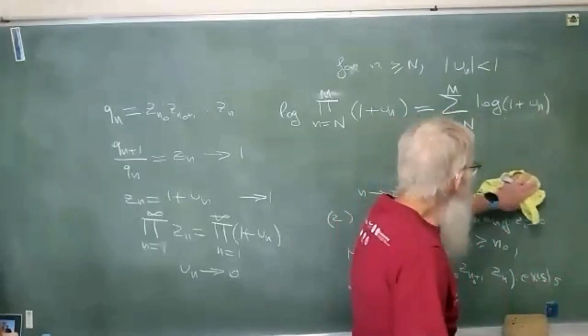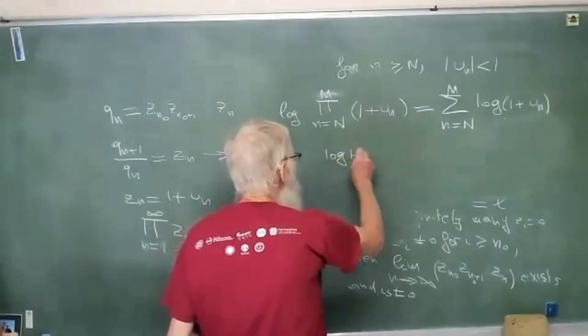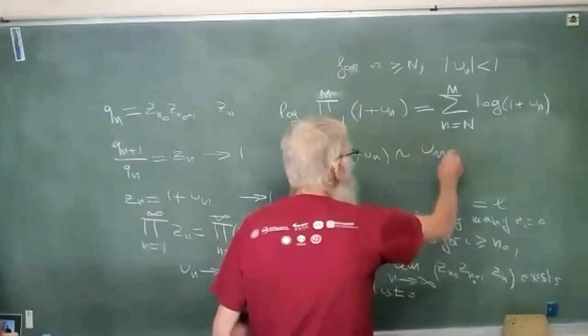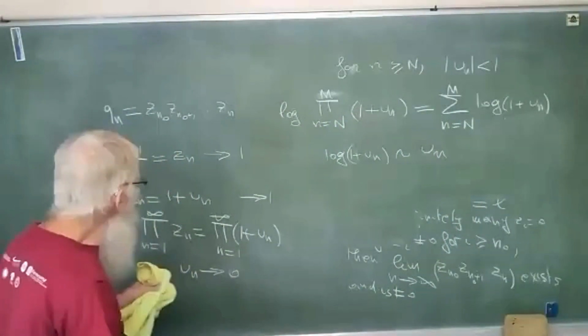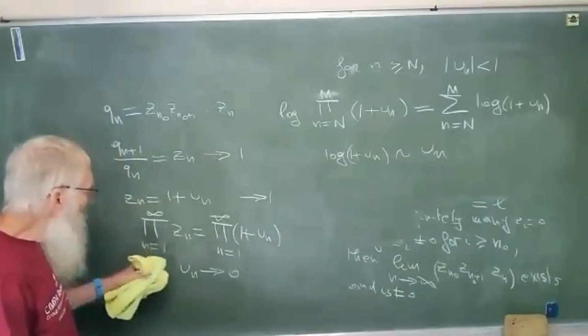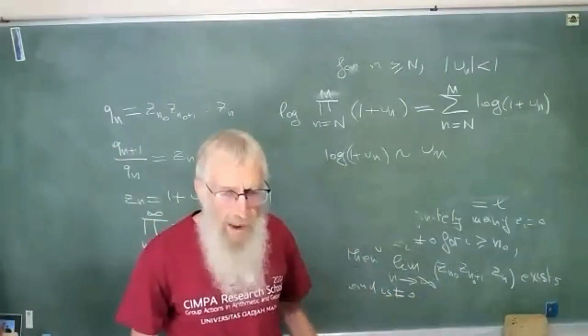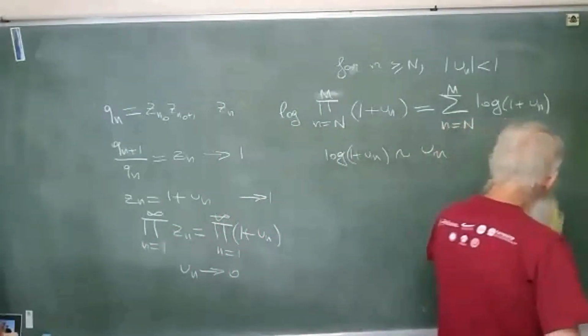And un tends to 0. So the logarithm of 1 plus un is equivalent to un. And so you see that we have a connection between the convergence of the product and the convergence of the series of un. So an important auxiliary lemma is the following.